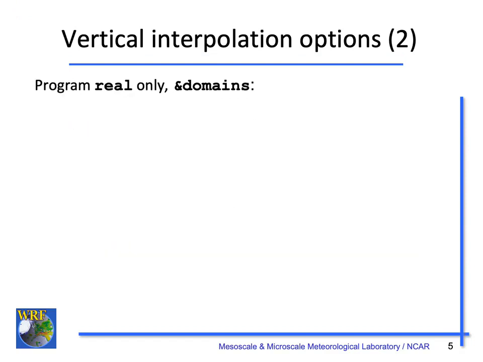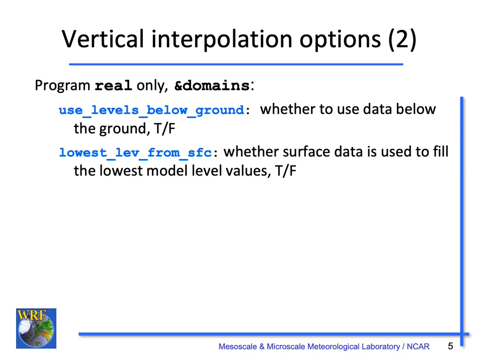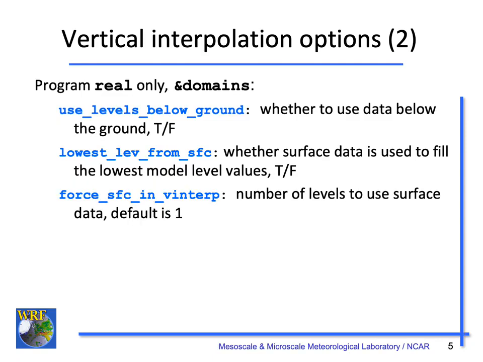There are other things we can control on how to do vertical interpolation near the surface. For example, do we want to use constant pressure levels below the model ground in higher order vertical interpolation? Should we fill the first model level with surface data coming from another model?